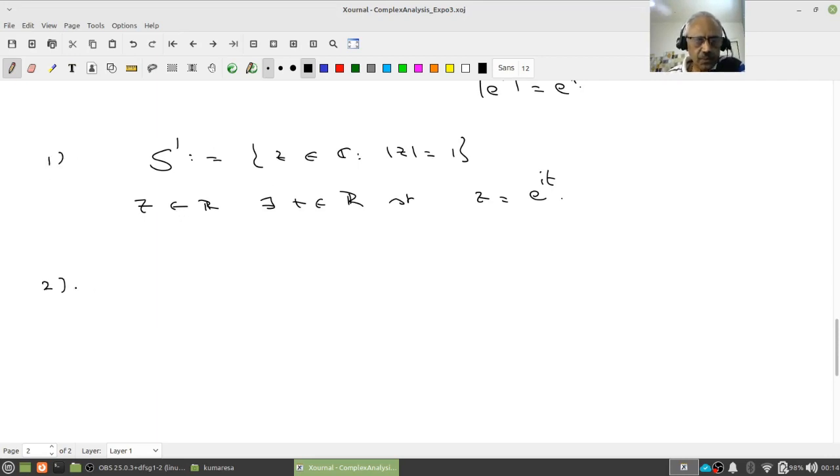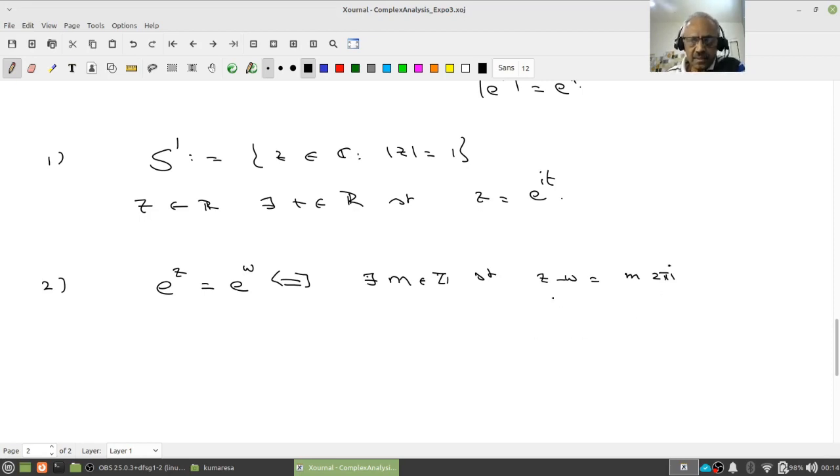And two, e^z equals e^w if and only if there exists an integer m so that z minus w is m times 2 pi i.